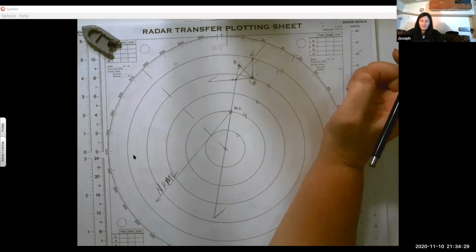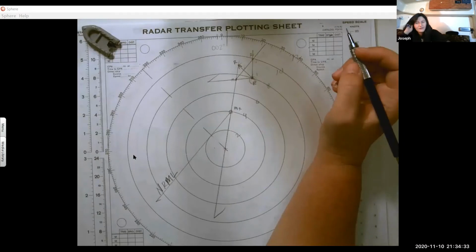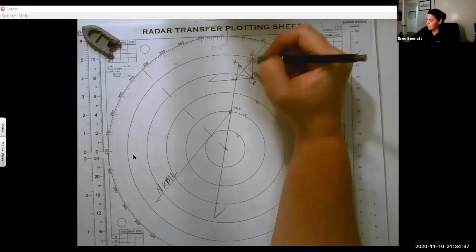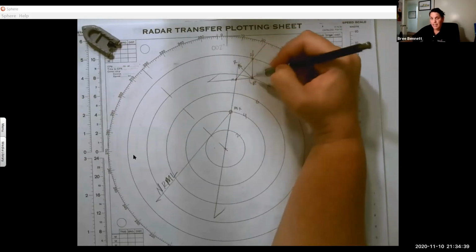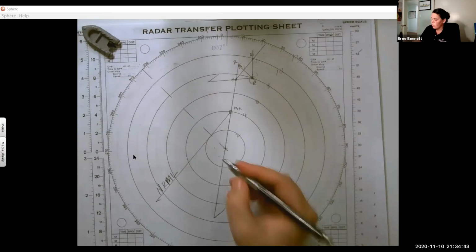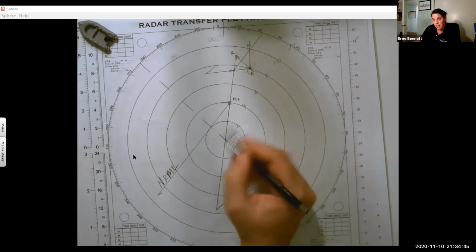Okay. For that, do I come up with the speed? That's what I don't understand. It's like, how much do you slow down? So that's what this triangle is telling us: how much to turn to the right and how much to slow down if we want this exact CPA.